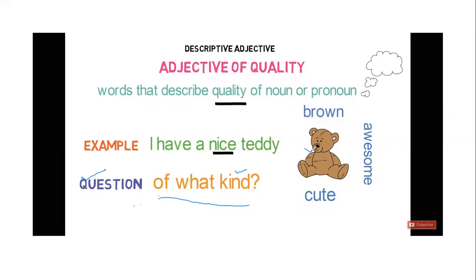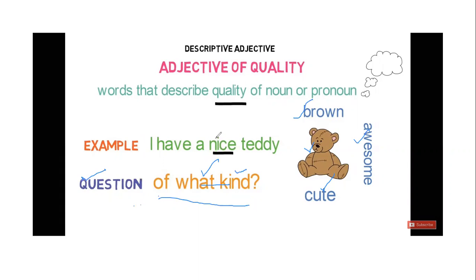For example, here is a teddy bear. What is its color? What kind of color is it? Brown. What is it like? It is awesome. What's its structure? It's very cute. So, the question of what kind, whenever it is asked, adjective of quality will answer it.